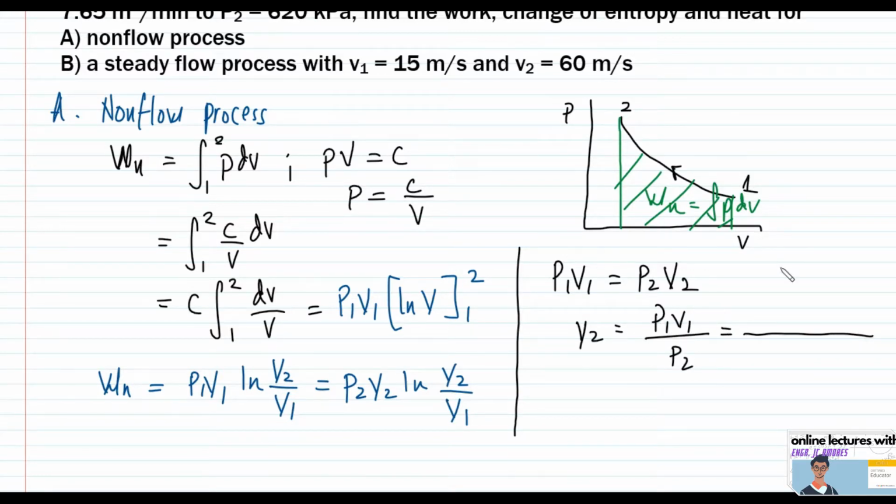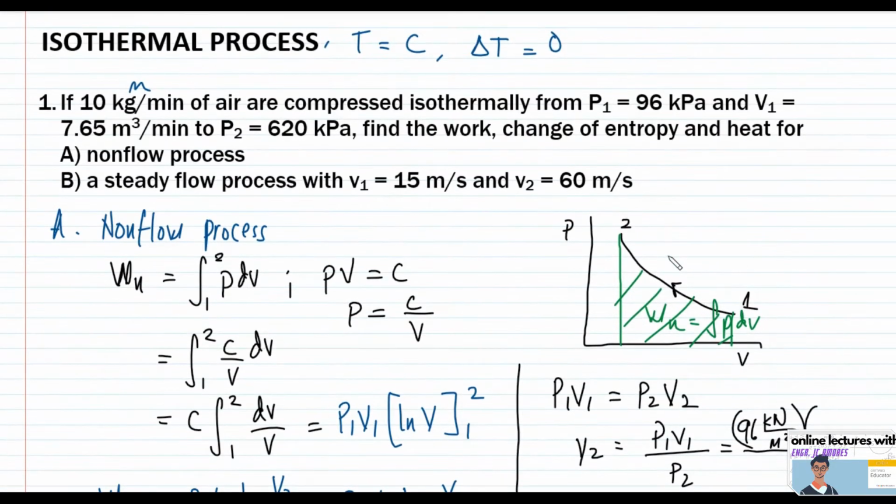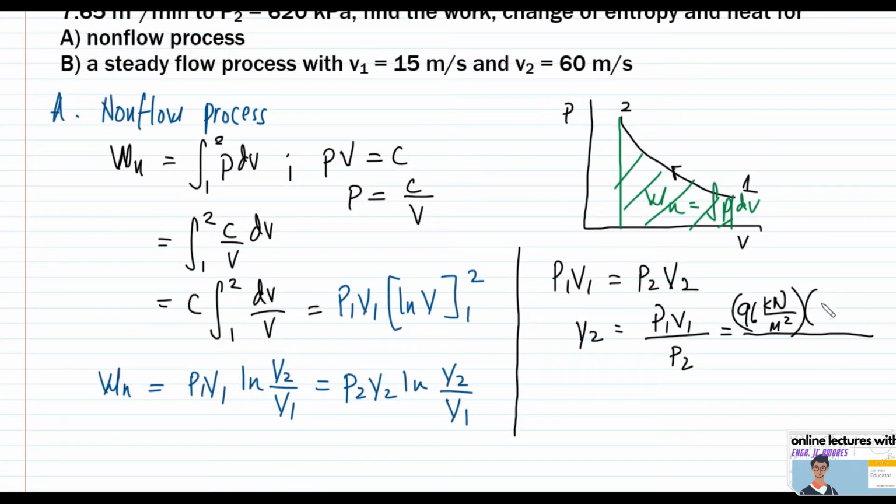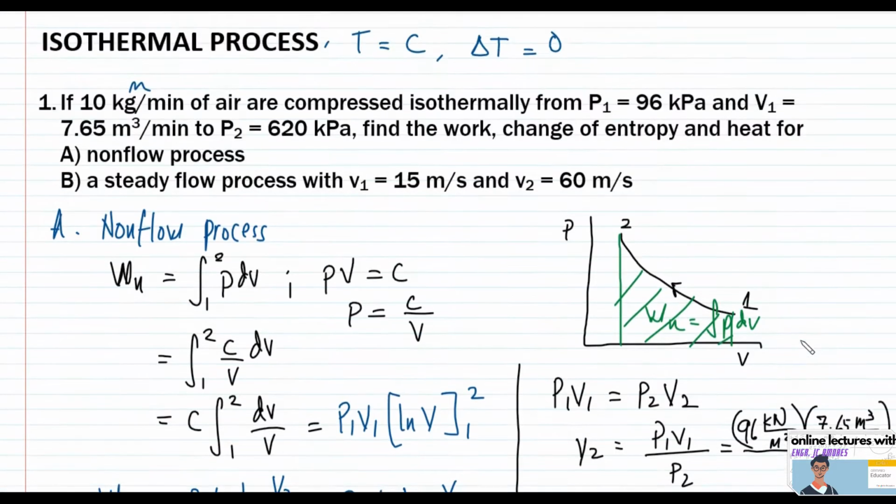Pressure 1 is equal to 96 kilopascals, and kilopascals is kilonewton per square meter. V1 is equal to 7.65 cubic meter per minute. And then P2 is equal to 620 kilonewton per square meter.